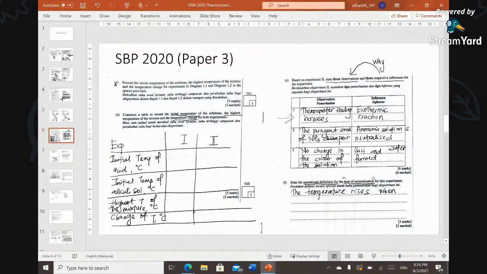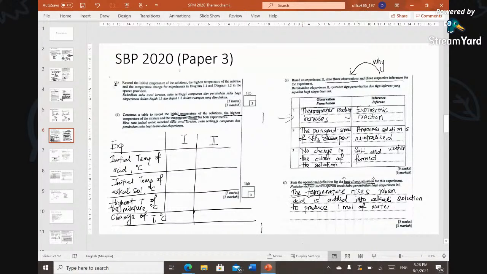When acid is added into alkali solution to produce... Okay, when you're talking about heat of neutralization, it is very specific to the number of moles. So heat of neutralization is to produce 1 mole of water. So this is the operational definition.